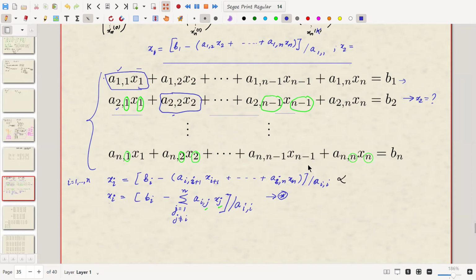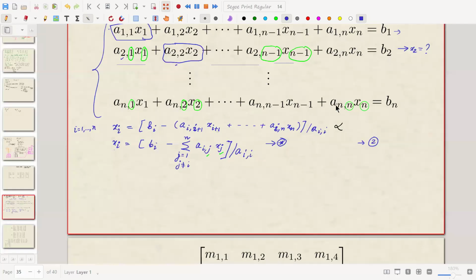Everyone write x2 in your notebook. What is x2? Second equation.